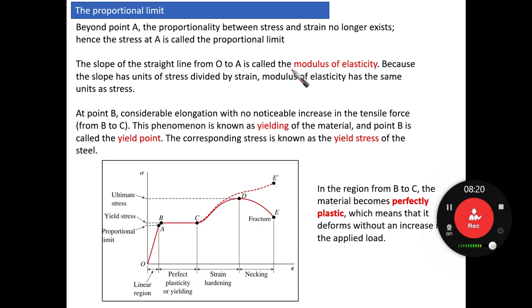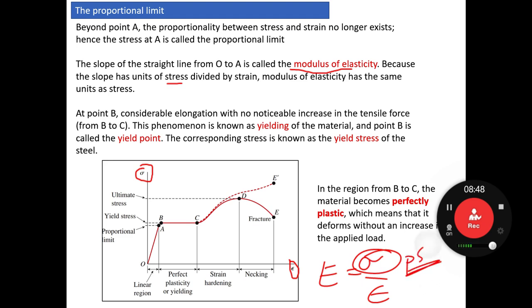We call it modulus of elasticity because the slope has units of stress. As you know, it's stress on the vertical axis and strain on the horizontal axis. So if Young's modulus E equals stress over strain, stress has units like psi, pound per square inch, and the epsilon has no units.